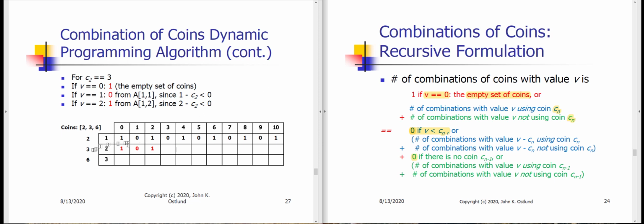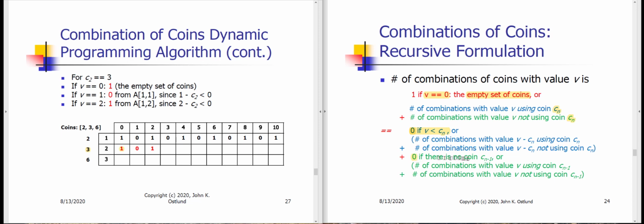Now, let's suppose that we add another coin. We add the ability to use the coin with the denomination 3. Well, as we described before, there's only one way of producing a value of 0, and that is with no coins. There is no way of producing a value of 1, because 1 is less than 3. So this is a 0.